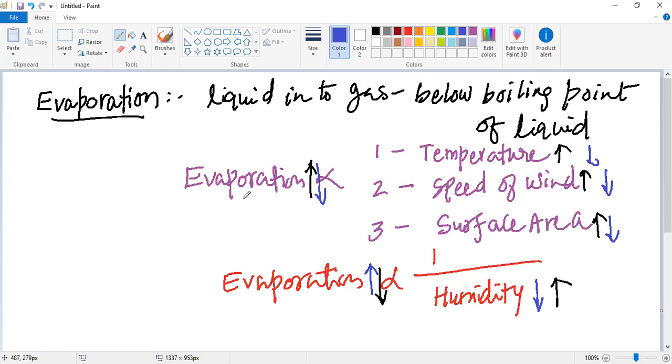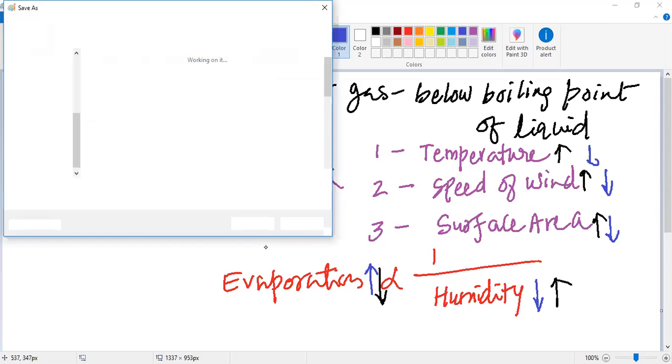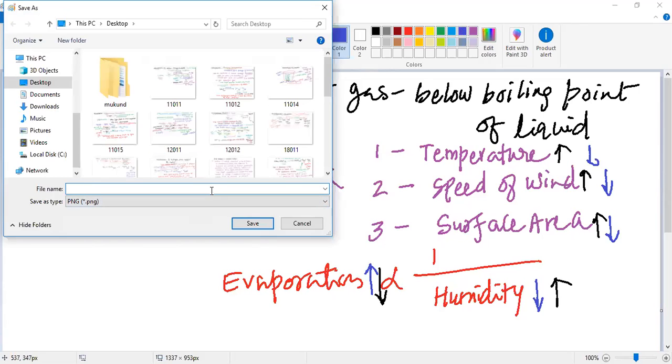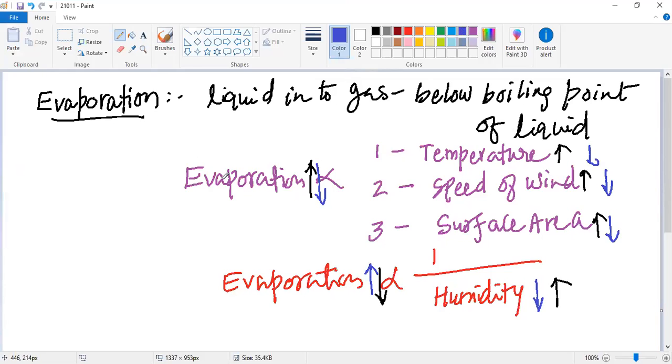So this is how we can summarize what we have studied in the last period about evaporation and the factors affecting evaporation. Now we can move on and study the various scientific reasons based on evaporation and factors affecting evaporation.